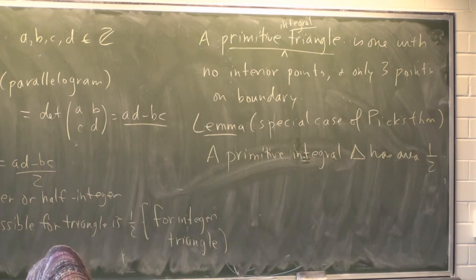We need this lemma to prove Pick's Theorem. It's a special case, but we sort of use that as a building block. So we need to give a separate proof from Pick's Theorem. Can't use Pick's Theorem to prove this because we're going to use this to prove Pick's Theorem.